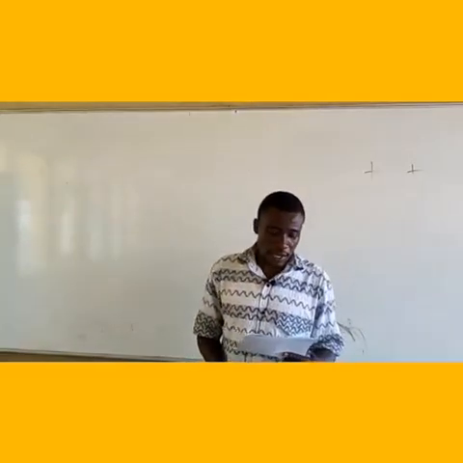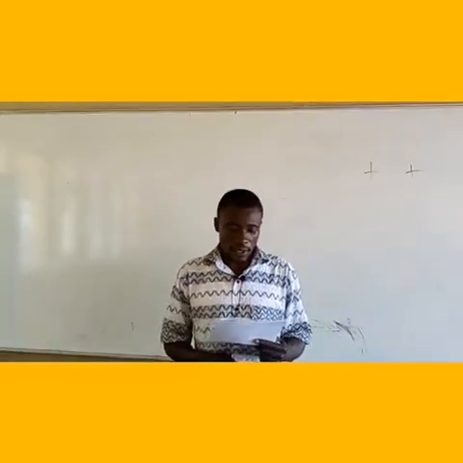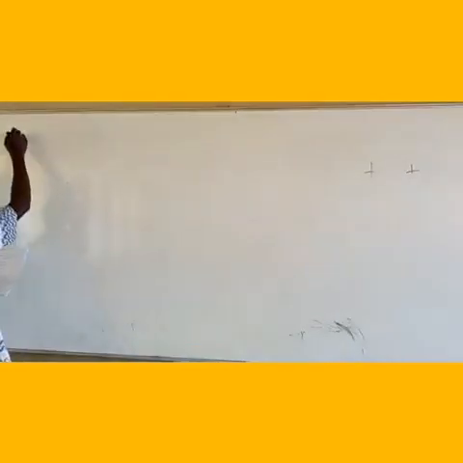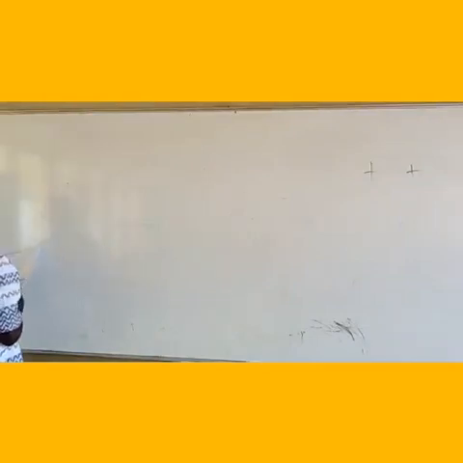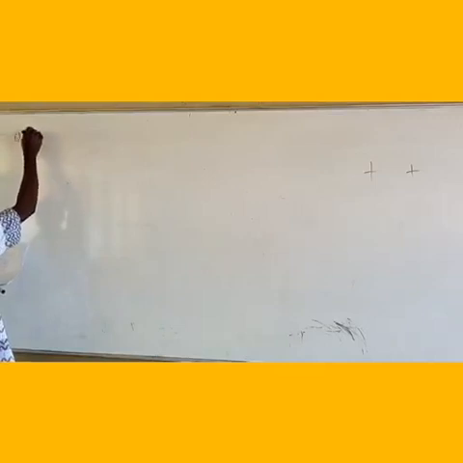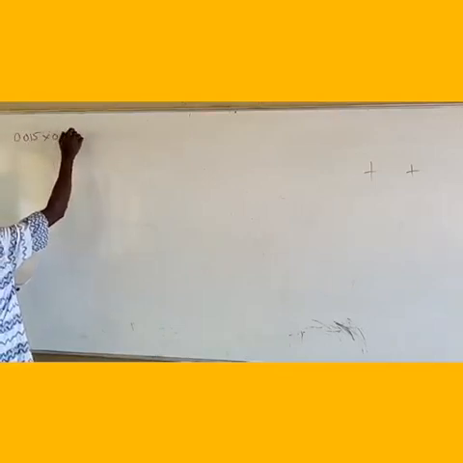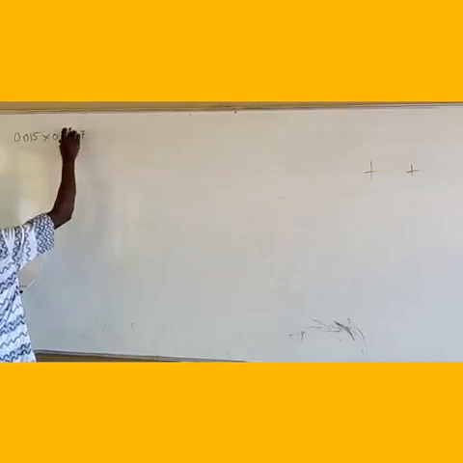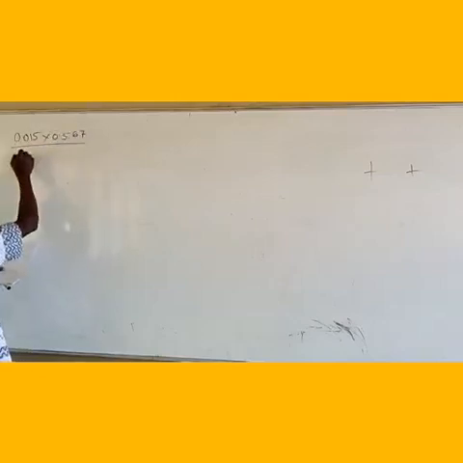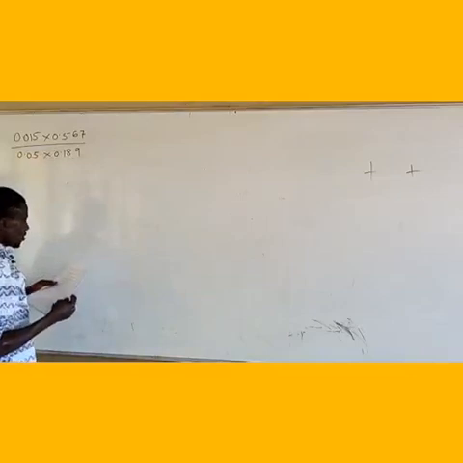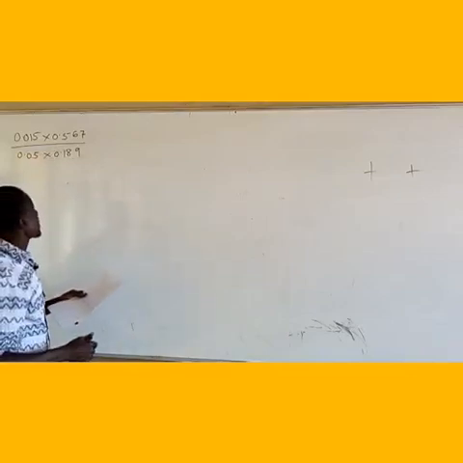Without using mathematical tables or calculators, evaluate 0.015 times 0.567 all over 0.05 times 0.189.